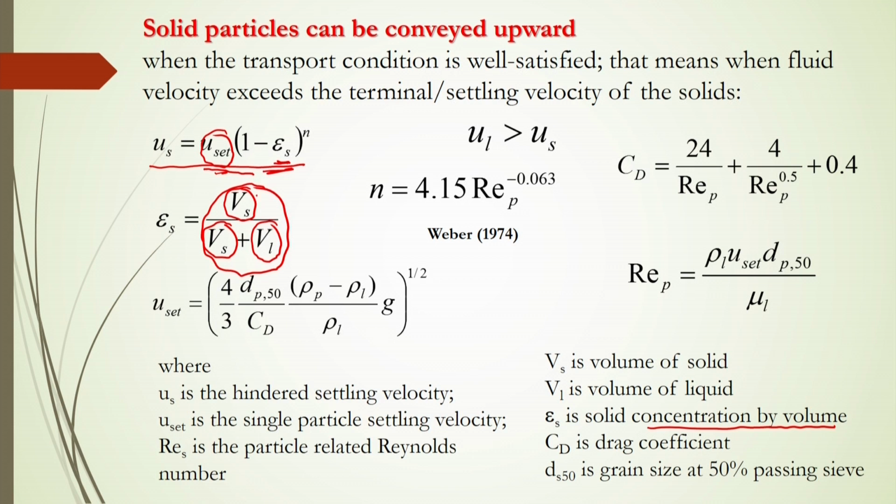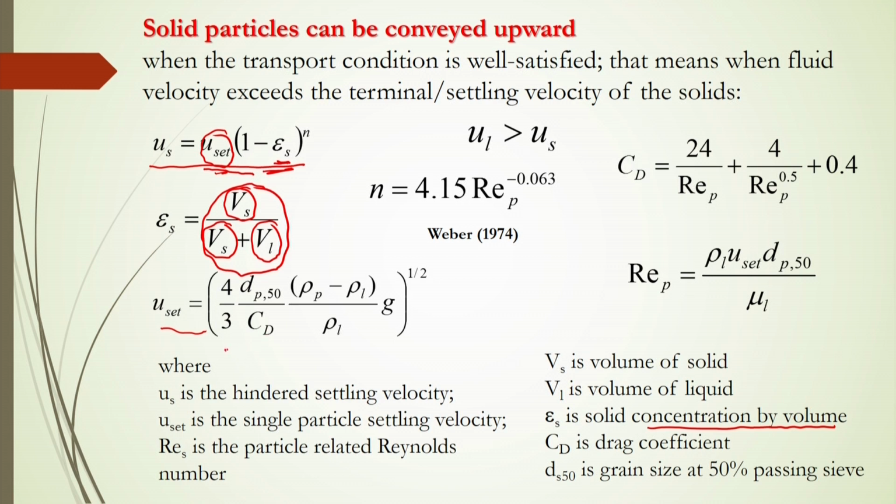So, from this ratio, this is nothing but a fraction by volume, you can calculate what should be the solid concentration by volume inside the bed. And here the settling velocity for an individual particle, or single particle settling velocity, can of course be obtained by balancing the buoyant force and weight of the solid and its drag whenever it is flowing under this settling velocity.